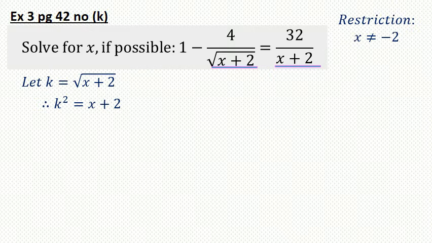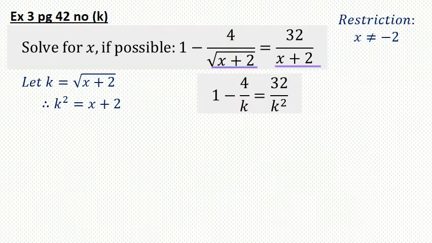So with this fraction, we can use K method where we have a k and a k squared involved. Instead of saying the square root of x plus 2, we can replace it with k. And instead of saying x plus 2, we can replace it with k squared. Now we're at the normal way of solving an equation with a fraction. First things first, set up a restriction.